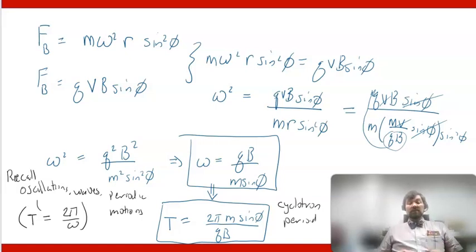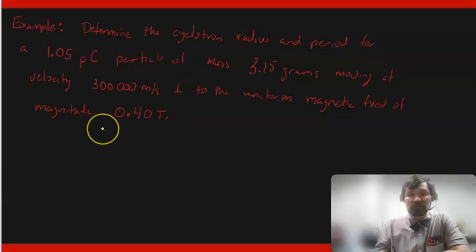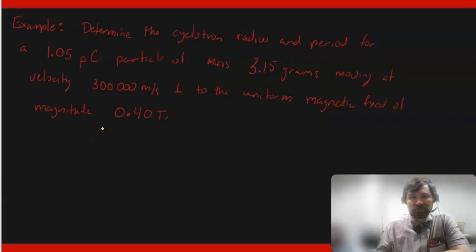Okay, so now we have the total motion of this charged particle in the field. So we can do a quick example. Our example is that we need to determine the cyclotron radius and period for a 1.05 picocoulomb particle of mass 3.15 grams, which is moving at a velocity of 300,000 meters per second in a direction perpendicular to the magnetic field of magnitude 0.4 teslas. So the first part was to determine the cyclotron radius.